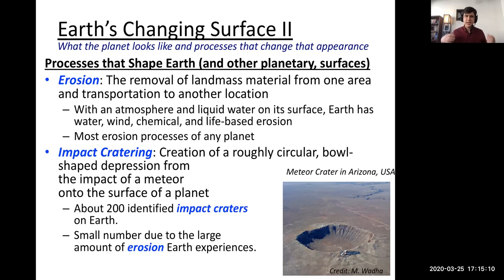So yes, planetary surfaces still get hit from leftovers from outer space, and they leave an impact crater. On Earth, we've only identified about 200 of them because they get eroded away pretty quickly with all the water and wind erosion. When we look at the moon, its surface is dominated by craters.